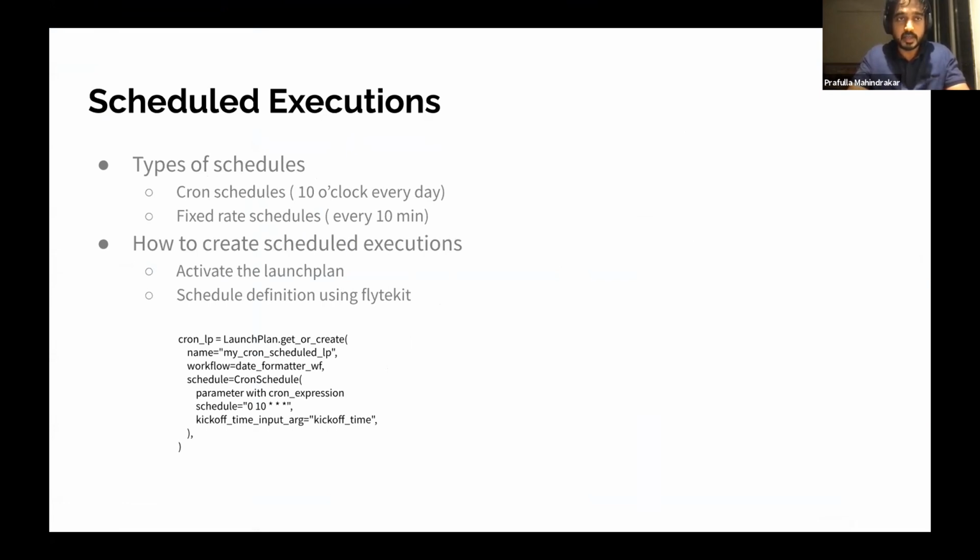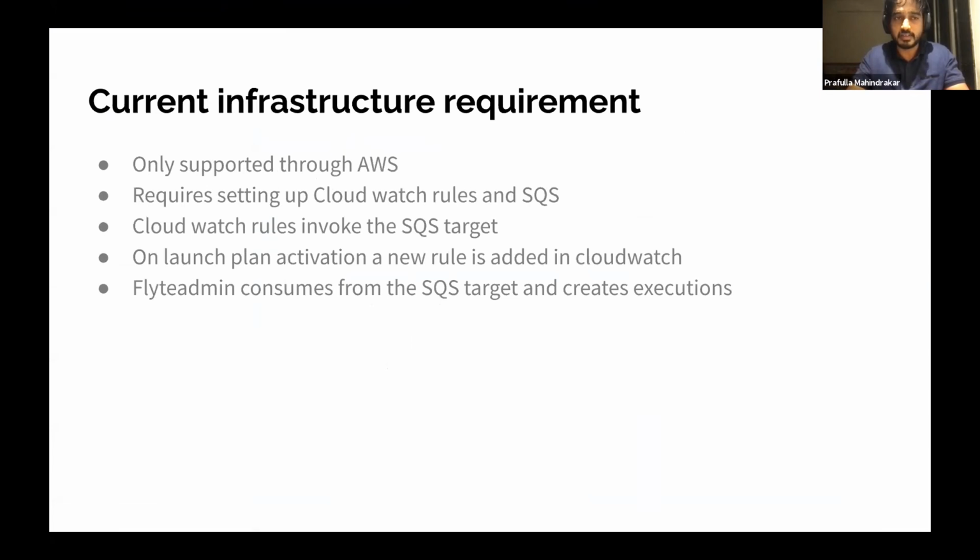The current mechanism of how this is done is that it's supported through CloudWatch rules. Whenever you activate a launch plan, it will add a new CloudWatch rule saying that this particular launch plan needs to be launched every few seconds or at this particular time. When that happens, a particular SQS target gets invoked.